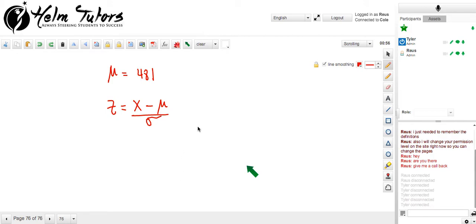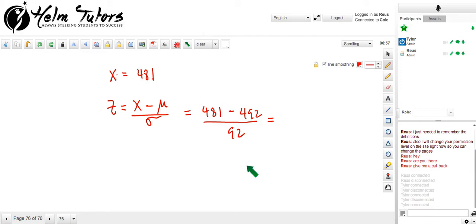Okay, so Z equals 481 minus 494 over 92, which is negative 13 over 92. Negative 13 divided by 92 is about negative 0.14.